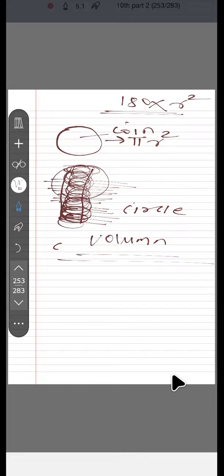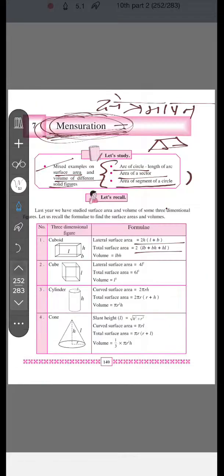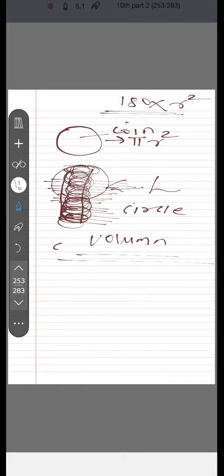After keeping those circles on each other, I got height. So the formula for the volume of a cylinder is pi r square times height. Therefore it is the height.